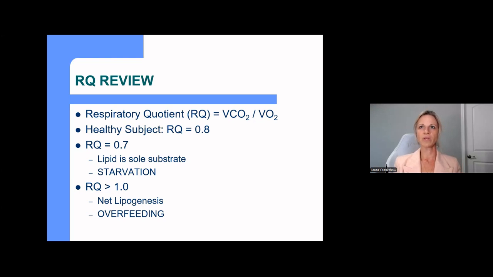The way we typically calculate this is with indirect calorimetry, which isn't possible in all institutions. If we have a respiratory quotient of 0.7 on a patient, that's telling us they're solely using fats. For example, the most common fatty acid, palmitic acid: when we metabolize that, we use 23 oxygen molecules and it puts out 16 CO2 molecules. That gives us a fraction of 0.7.